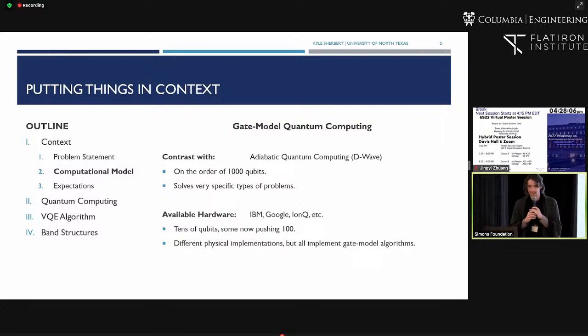A couple of companies are pushing into the hundreds just in the past year, but there's still an order of magnitude difference here. The thing to bear in mind is that the problems that each of these models addresses, the algorithms that you can implement, are completely different in either one. And just because adiabatic quantum computers have 10 or 100 times more qubits, it does not mean that they're more powerful. It just opens up different algorithms that you can solve.